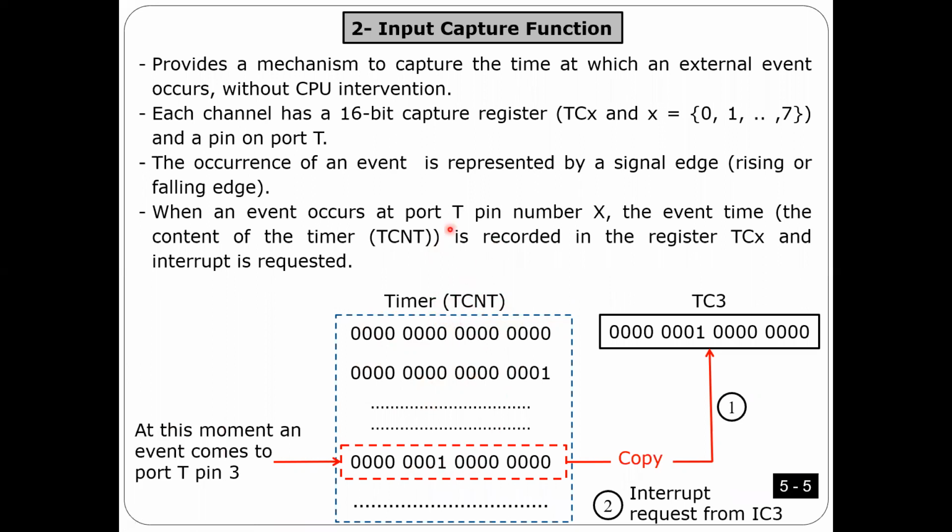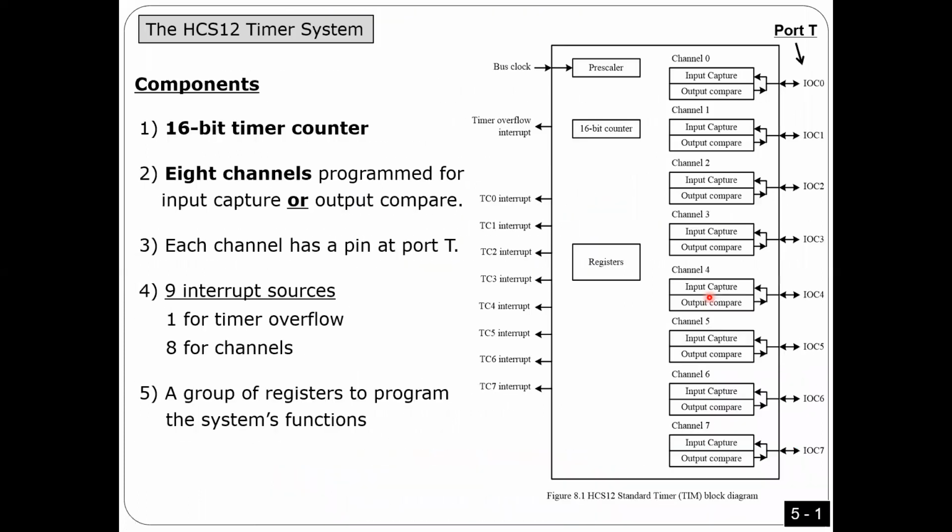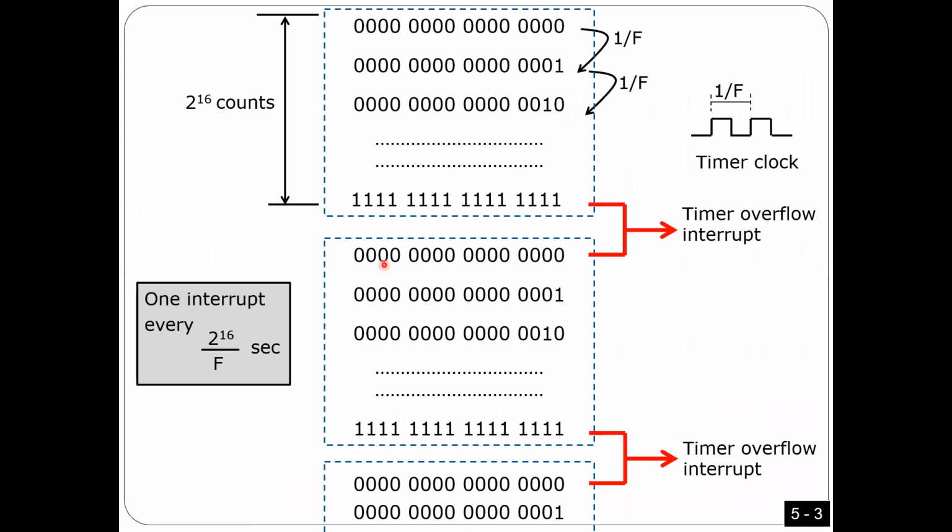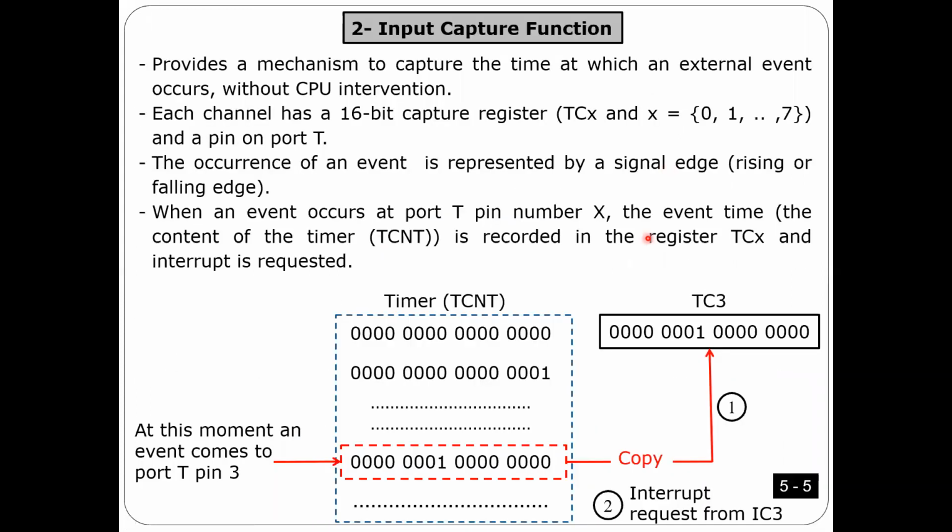Also, every channel has a 16-bit register we call TC. Here we have TC0, TC1, TC2, TC3, and so on. So every channel has one 16-bit register. Let me explain how input capture works.